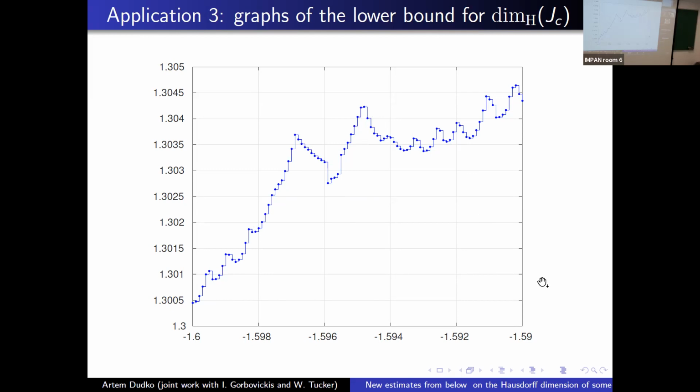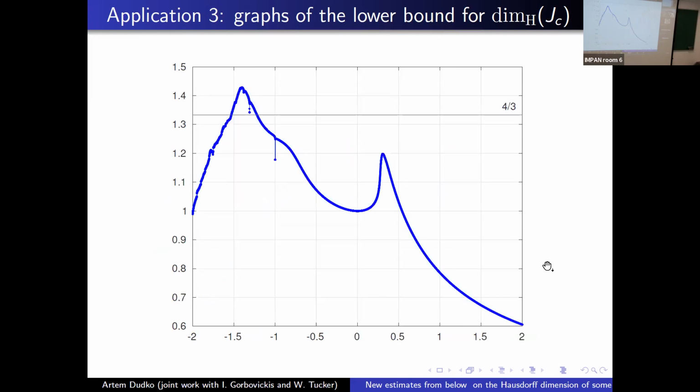Could you show the previous slide? So at point 0.25, there should be a discontinuity of Hausdorff dimension.